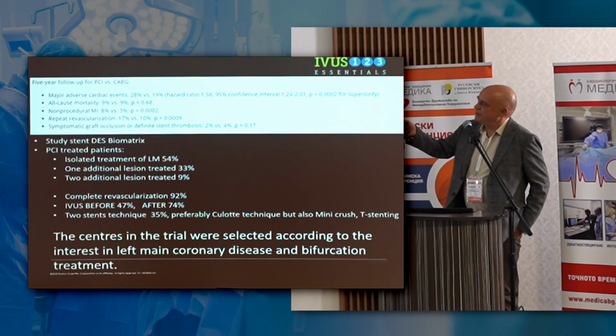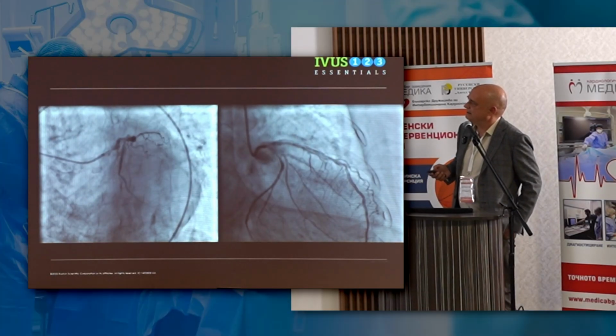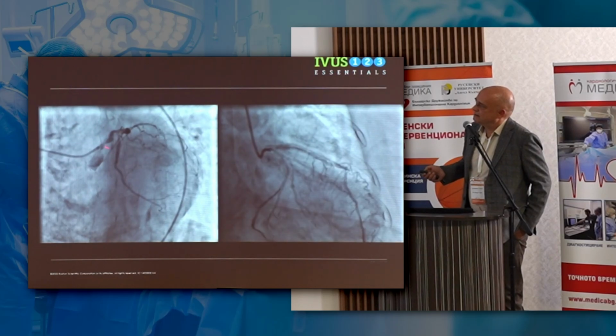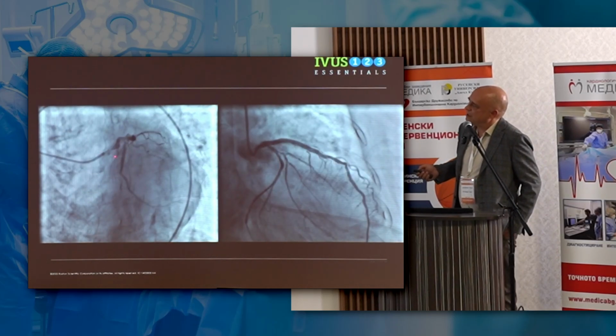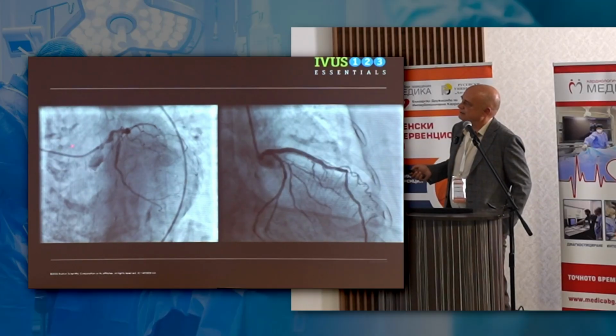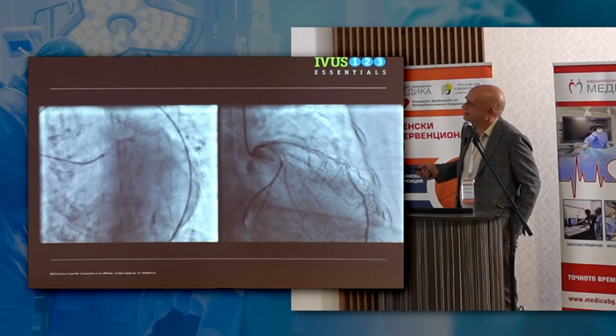So when we now remember the exclusion and inclusion criteria, on this angio we can see that the circumflex is a chronic total occlusion. So it is an exclusion criterion, but that patient went into the study and this was the final result.